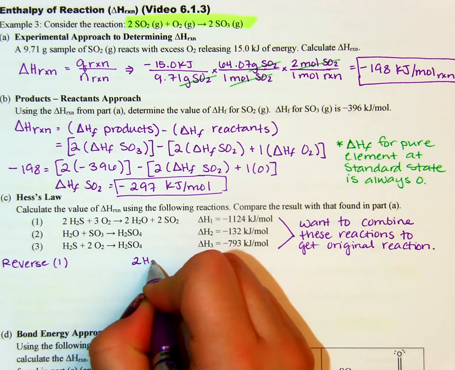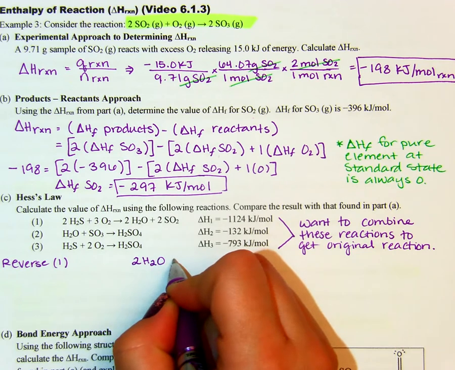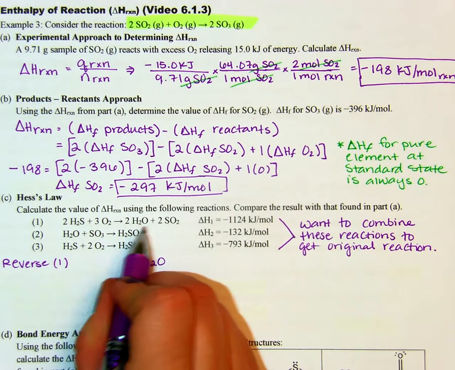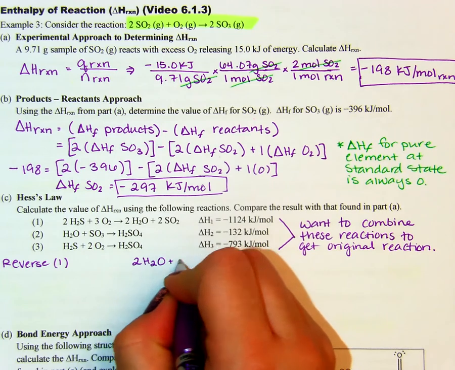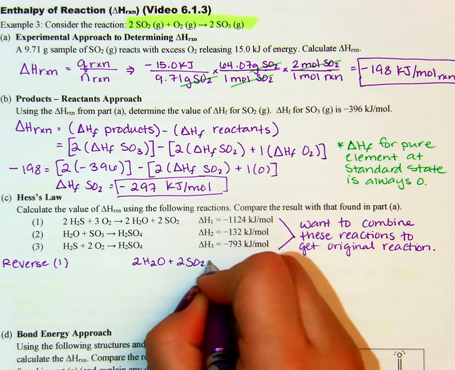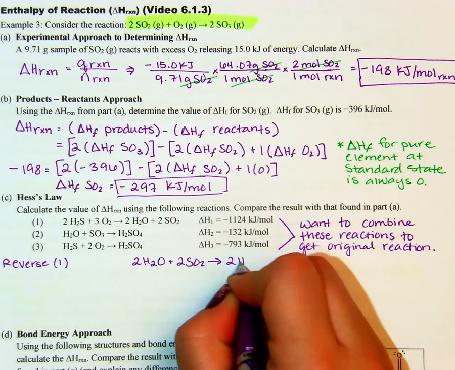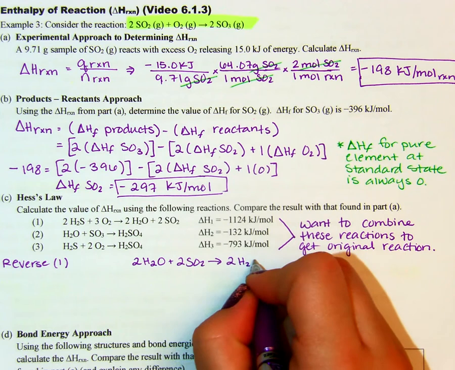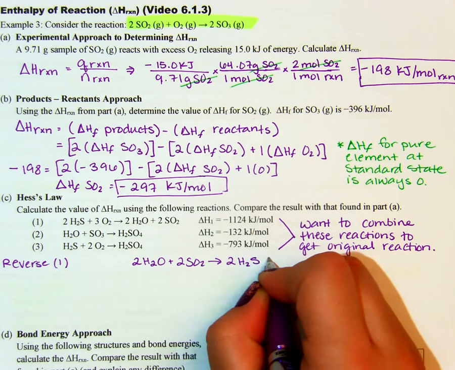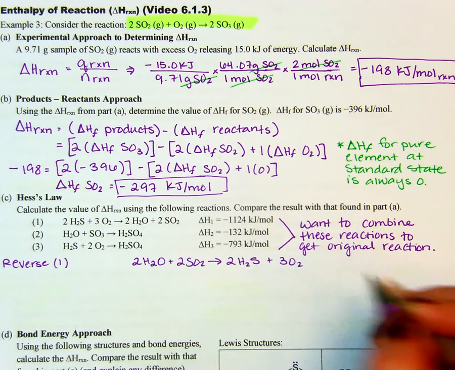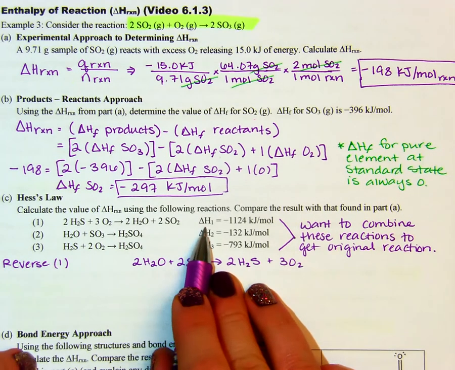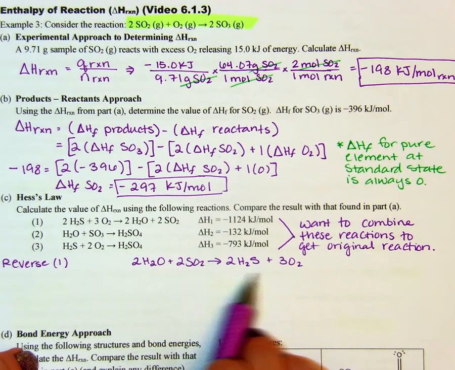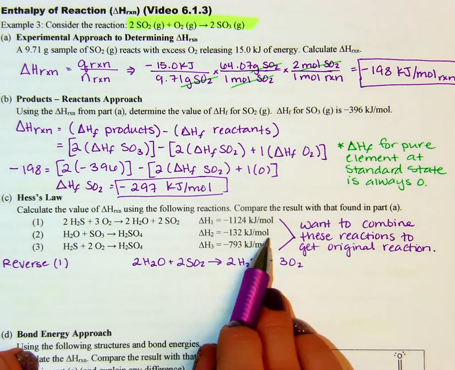So 2 H2O. Again, we're starting with our reactants and making them products, and our products, making them reactants. Plus 2 SO2 yields 2 H2S plus 3 O2. Now, whatever we do to the reaction, we also have to do to the delta H. So for our delta H, since we reversed it, we're going to reverse the sign.